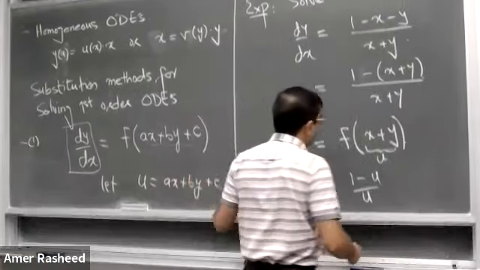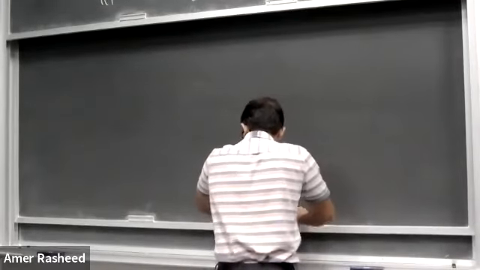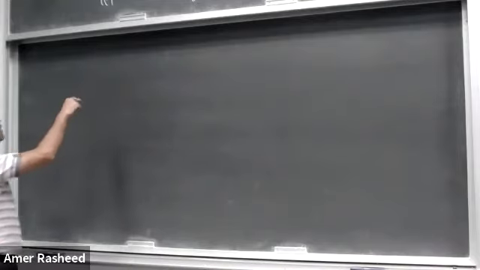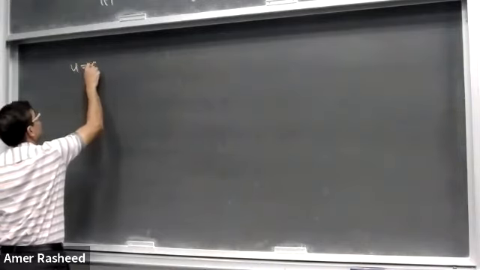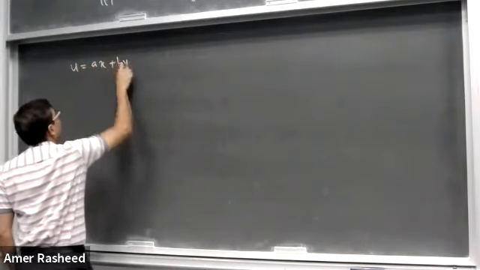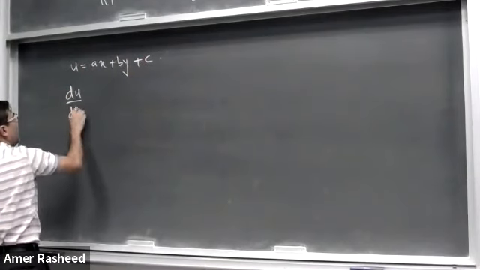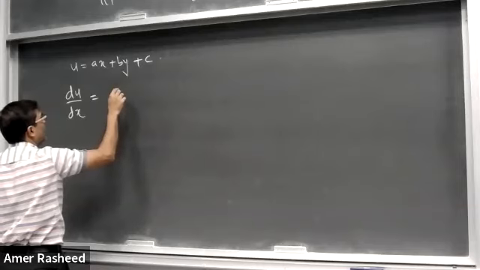How do we do that? If u is equal to ax plus by plus c, then du by dx is a times the derivative of x, which is 1.